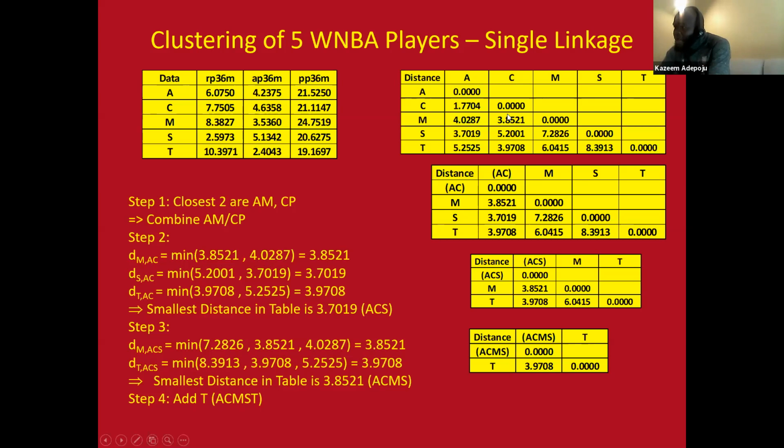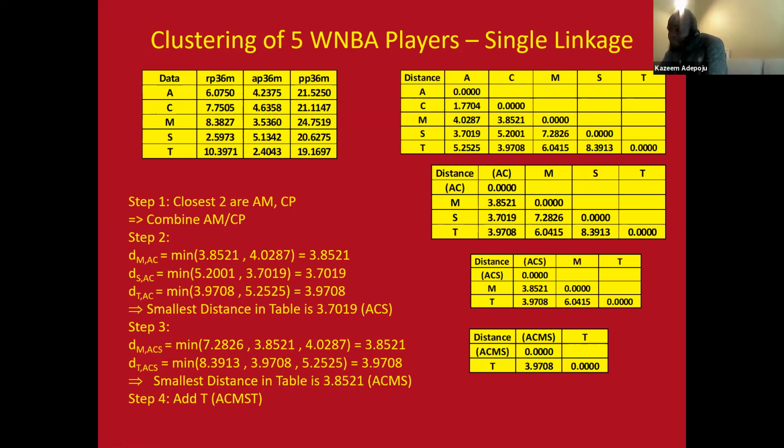I'm talking about this because I've combined AC, and now I'm looking at the distance between AC and M. I need to look at the minimum of these two values, and the minimum of these two values is this.